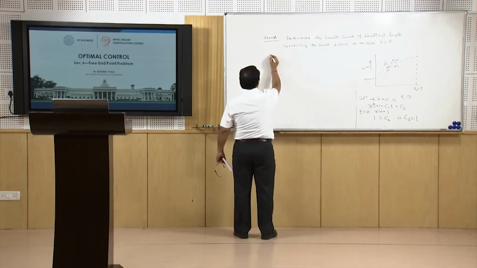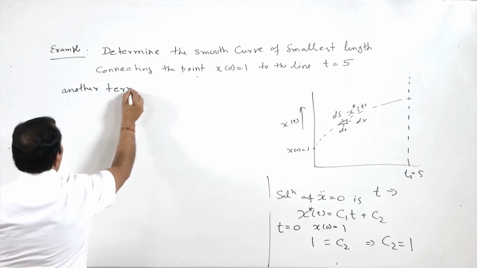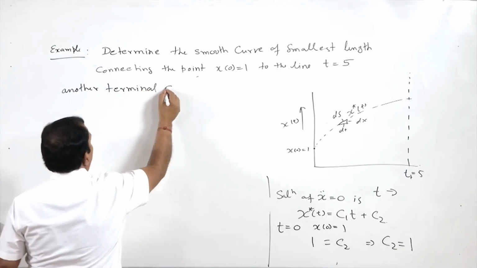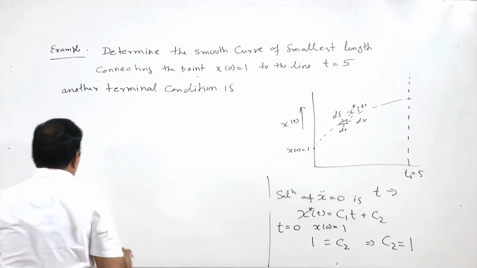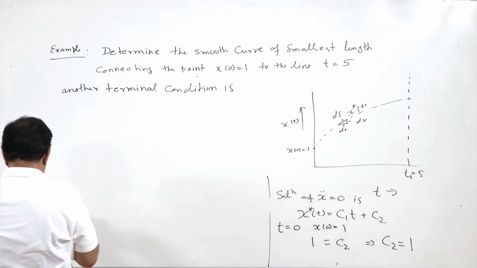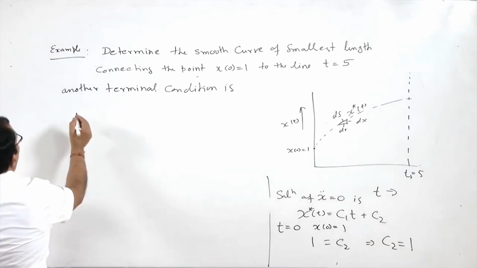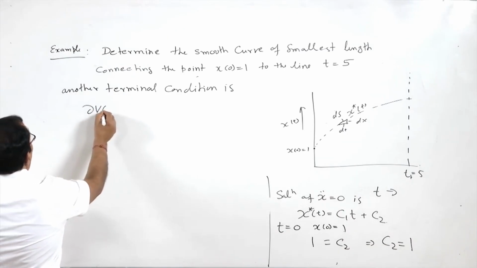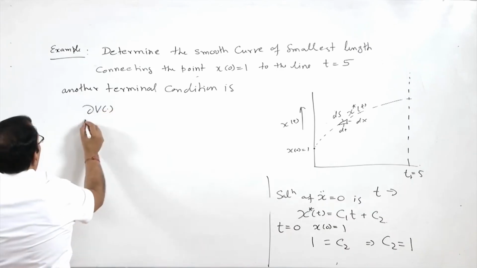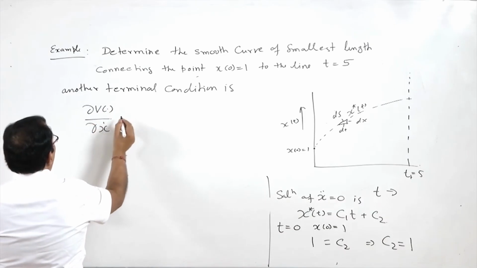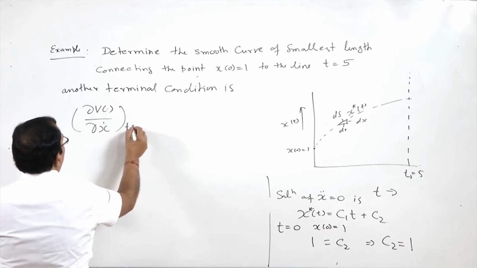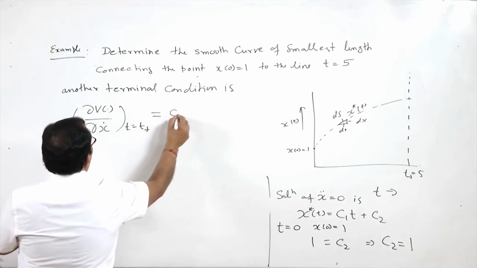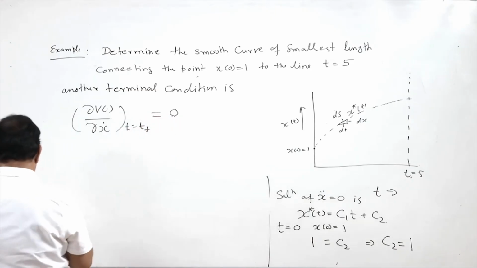So, another terminal condition is del V by del x dot, which we are evaluating at t equal to tf, that is equal to 0.